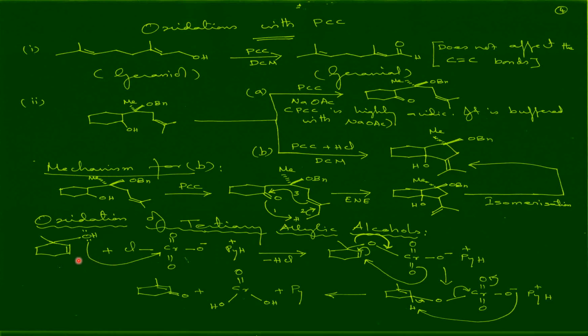Here is another example for the oxidation of a tertiary alcohol. This is a tertiary alcohol, at the same time an allylic alcohol. When this is treated with pyridinium chlorochromate, we are getting a different type of product. Let us see what happens here. The tertiary alcohol, as usual, reacts with the pyridinium chlorochromate as a nucleophile, leading to the formation of a product here.